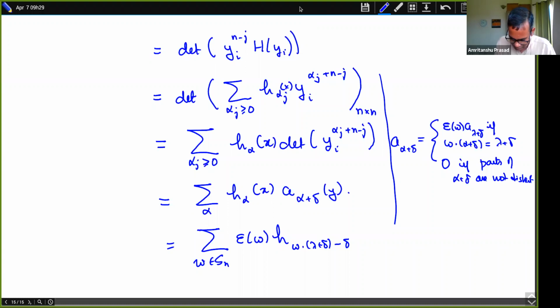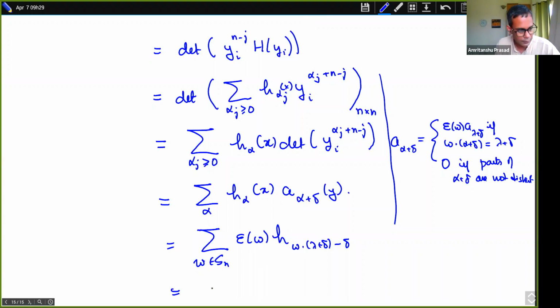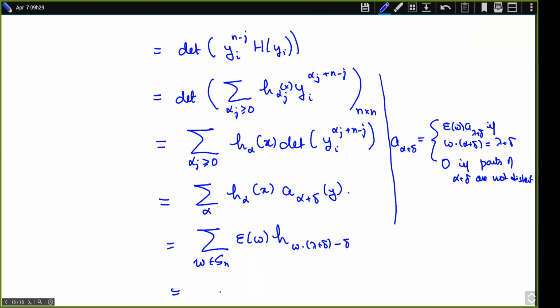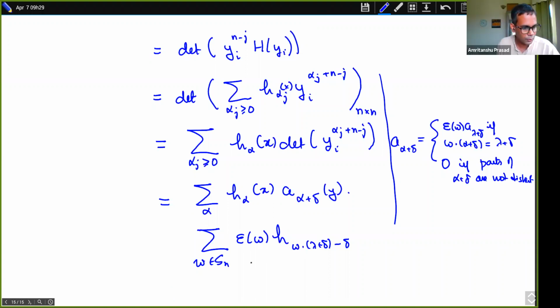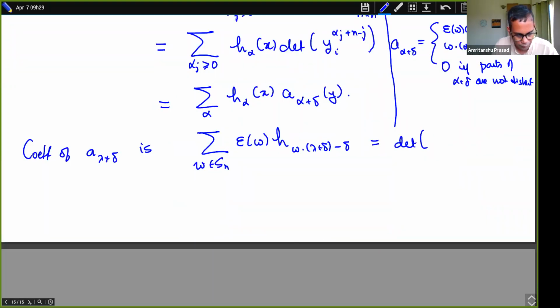Okay, so that's just the determinant of... sorry, there is a summation over lambda too, right? Which is just the determinant of h of lambda i minus i plus j.